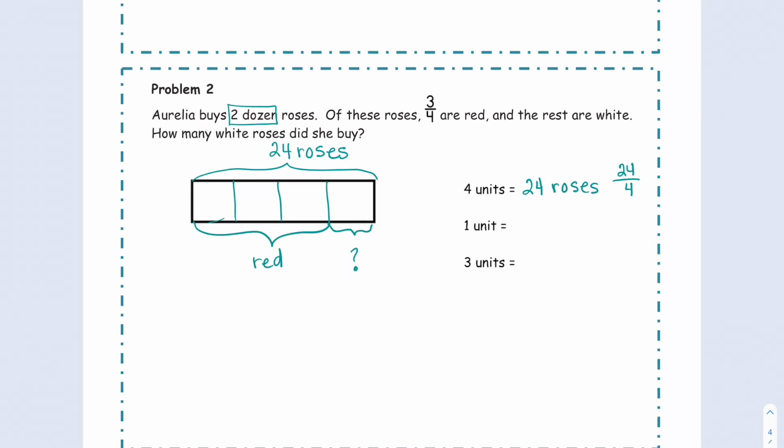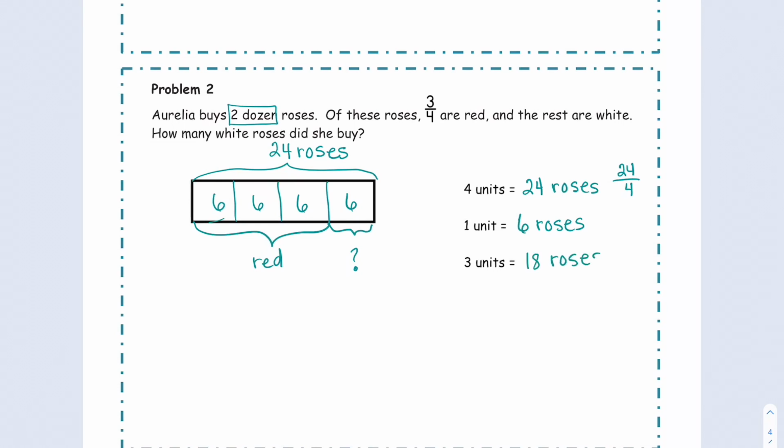Would be the answer to 1 unit. So 24 divided by 4 is 6. So 1 unit, or 1/4, would be 6 roses. Now to figure out 3 units, 6 times 3 equals 18.